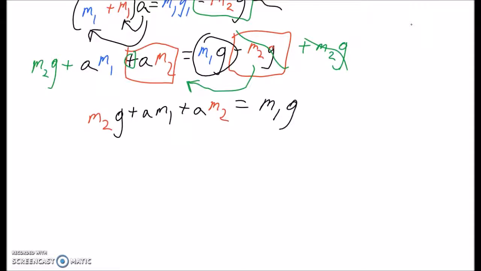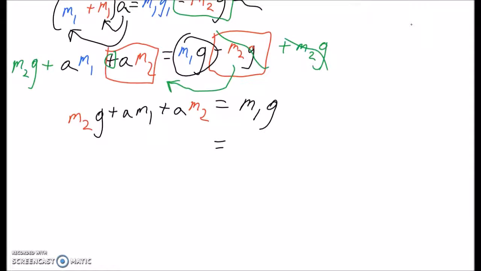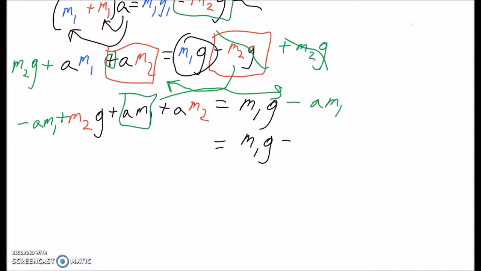Okay, that's pretty close to having all the constants on one side, but let's try to get this term now onto this side. Well, to do that, we just subtract it from both sides. am minus am1. So this is m1g minus am1.